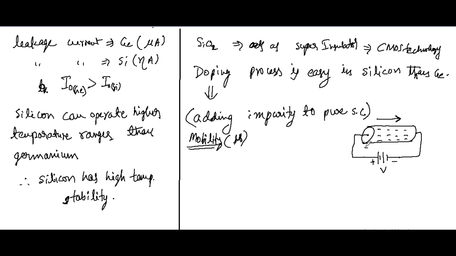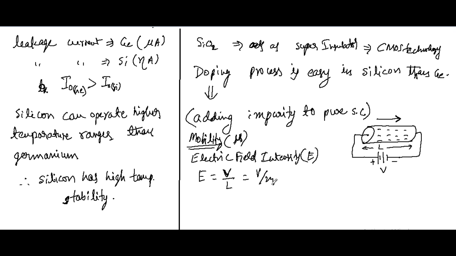I am also taking the length of this material as capital L. Whenever a voltage is connected to a material with length L, internally it induces the electric field intensity, denoted as capital E. So E is equal to voltage by length, V by L, and the units are volt per meter. This is the electric field intensity.